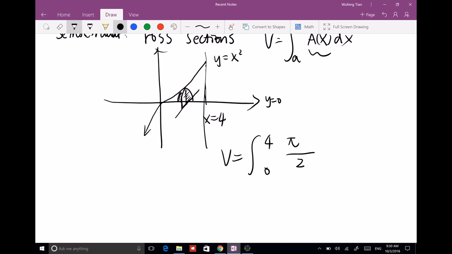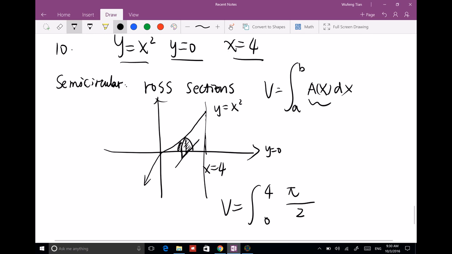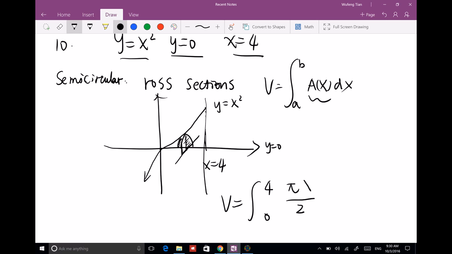Anyone? X squared over 2? Just x squared. Not squared. You cut it as a semicircle, which means the height is the radius.